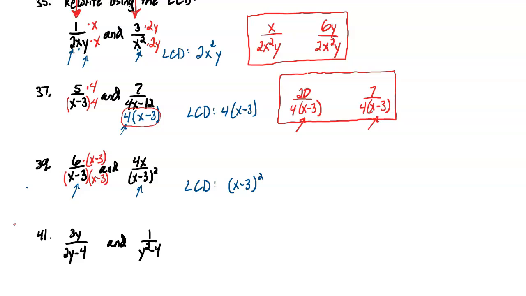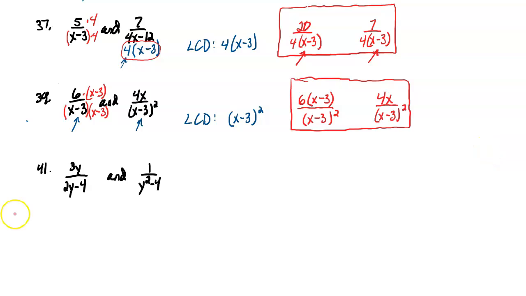So over on the right, that fraction changes into 6 parentheses x minus 3 over our common denominator. The second fraction already has the least common denominator that's desired, so we don't change it at all. It stays as 4x over the x minus 3 squared.